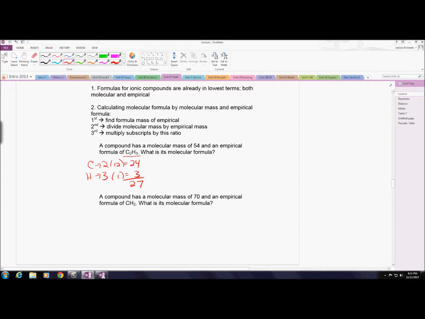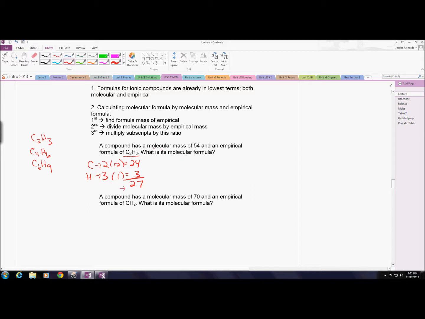What this means is every compound that has C2H3 for its empirical formula, so, for example, C2H3 or C4H6 or C6H9, they all are going to have masses that are multiples of 27.